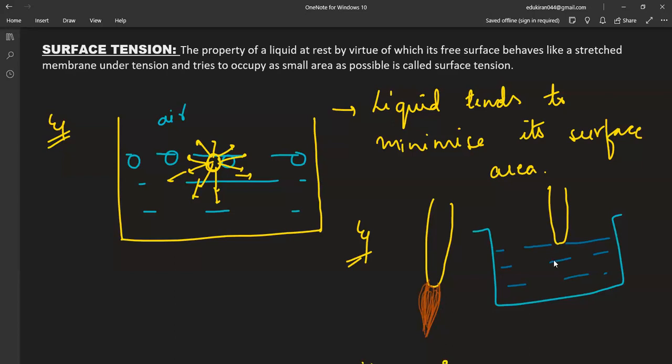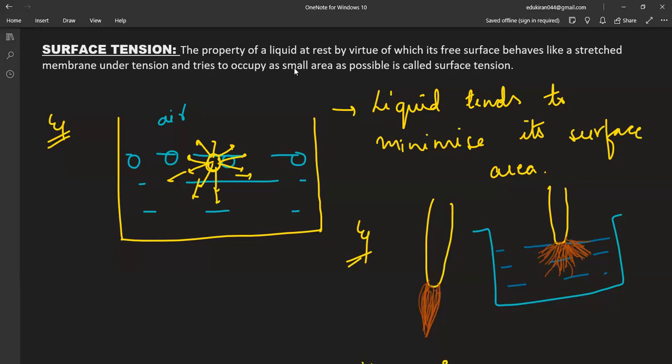As soon as it goes on the free surface, tension will be generated because the brush particles will be spreading like this. If you put the brush in water, this is how the hair particles of the brush will be. And as soon as you remove it, it will tend to occupy minimum surface area because of the liquid which is stuck over here.